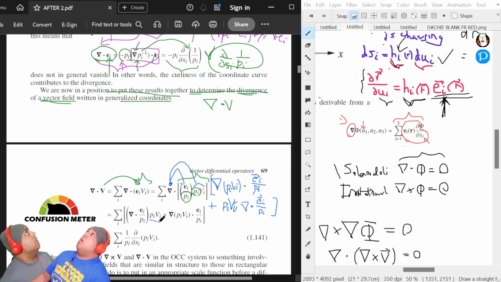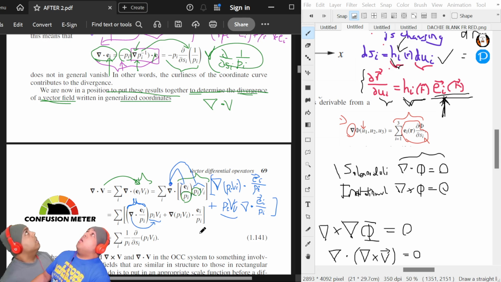The only difference is I put it in front. Is that an issue? I don't think it should be an issue because this is a number at the end of the day, right? And it's not like this guy's gonna magically creep his way over here. Plus gradient PIVI dot, yeah, correct.